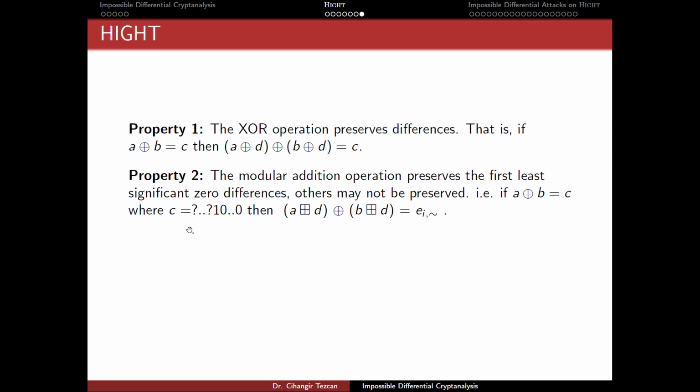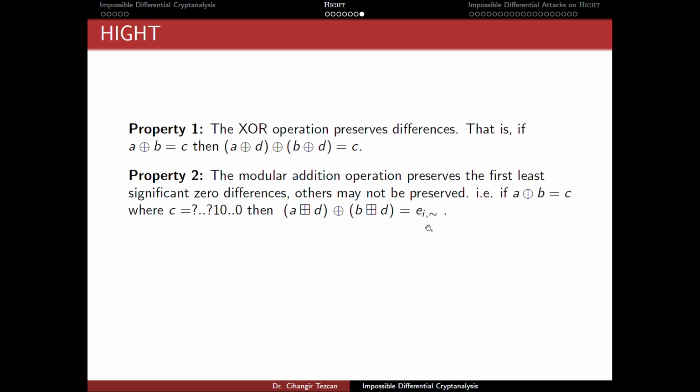If you add A with D, but this time you are performing modular addition, and here again you are performing modular addition, their XOR means that these zero differences will be kept. This one will also be kept, but since there will be carry bits, we won't be able to guess what will be going on after this question mark.